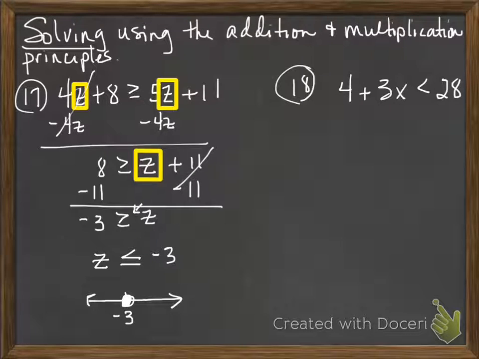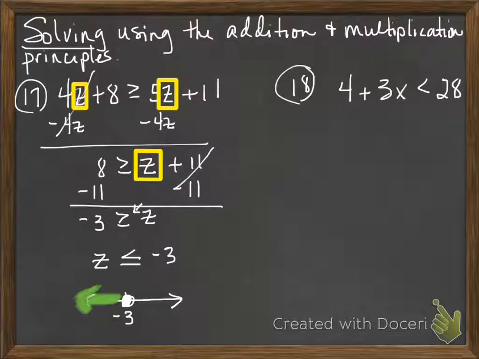And then we would shade all the numbers that are less than negative 3. Those would be the numbers on the left-hand side of negative 3. You would also include the arrow because you want to include all the numbers that are less than negative 3. And that arrow to the left actually takes you all the way to negative infinity.